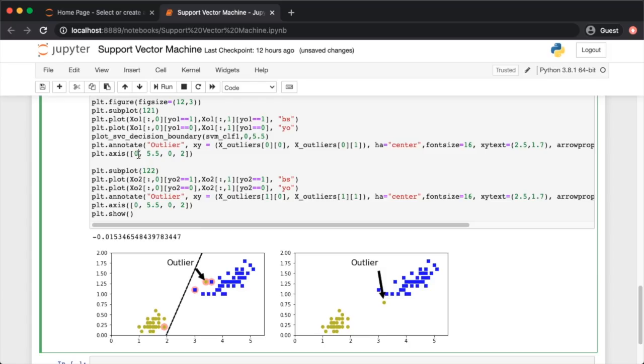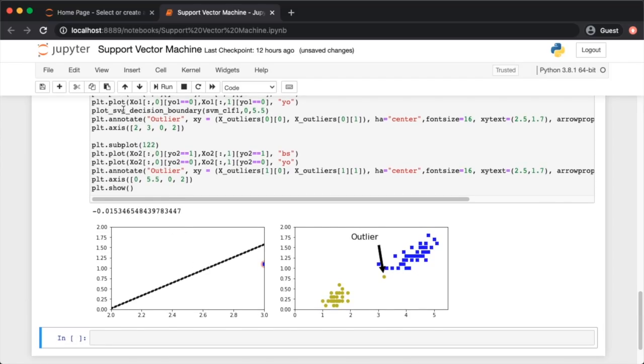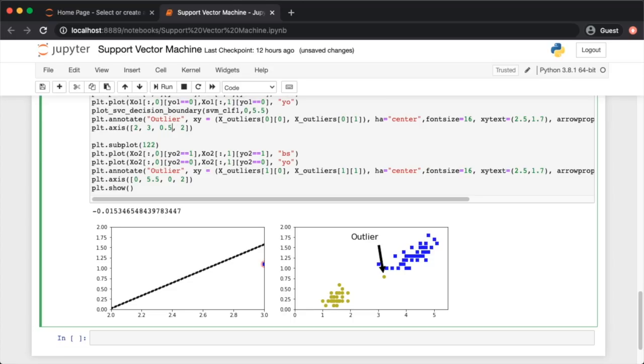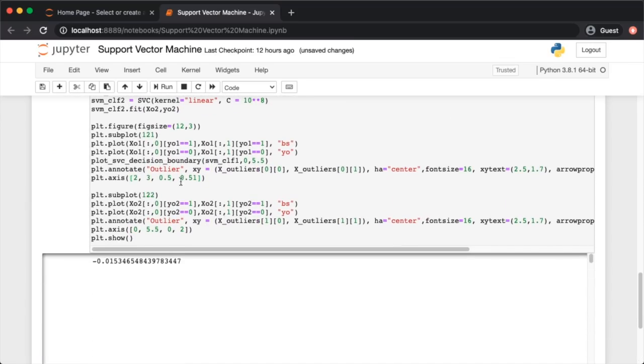Can do this by limiting the x-axis, let's say between 2 and 3. As you can see, they're over there. Okay, let's limit, let's say, the y values, I don't know, between 0.5 and 0.51. Oops. So let's say between 0.5 and 0.6.